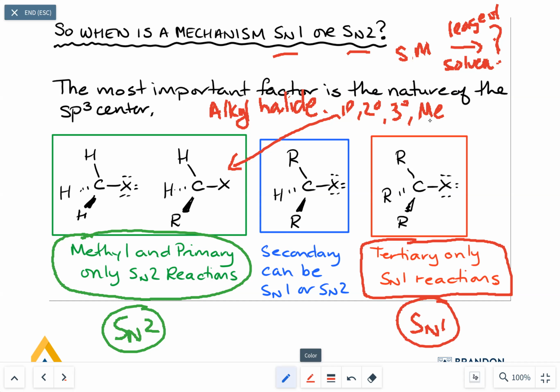If it's methyl, it has to be SN2. If it's tertiary, it has to be SN1. The only thing which can be both is secondary. So the very first decision we're going to make is just looking at the alkyl halide.